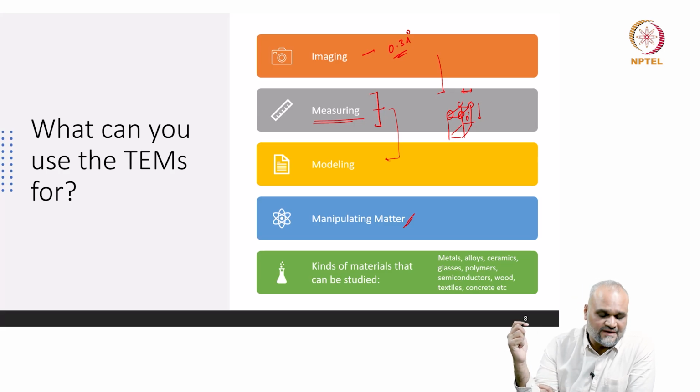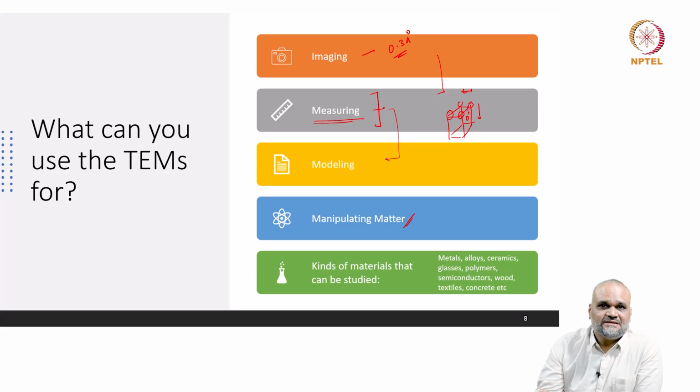For example, if I have two-dimensional materials, these days people are working a lot on systems like MXenes, graphene, or molybdenum disulfide and other dichalcogenides. There are a host of materials. If I use an electron beam, I can actually shape them, sculpt them, cut the two-dimensional materials, and tune the properties of a material. So it is quite interesting what you can do by manipulating matter.